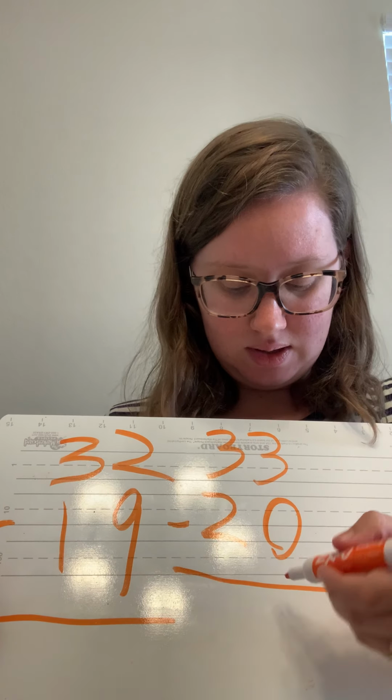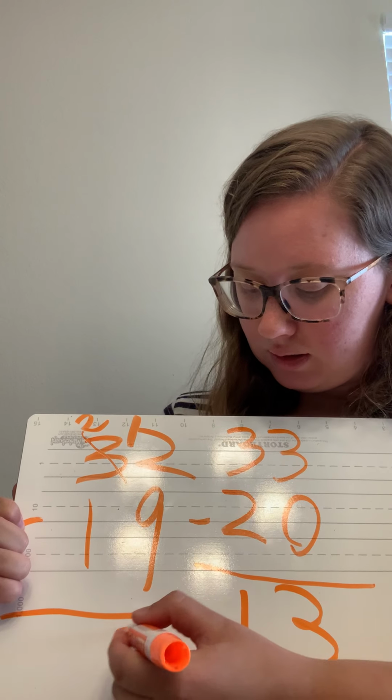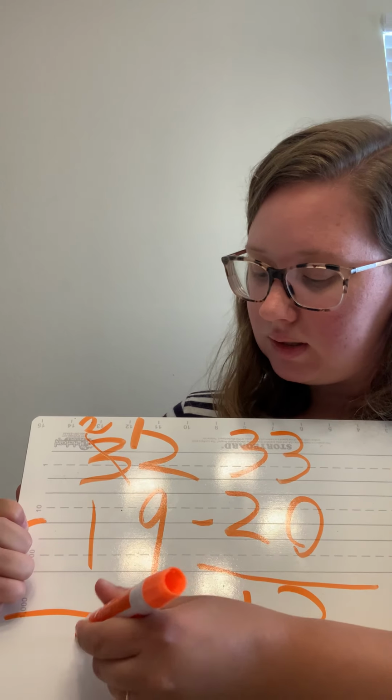3 minus 0 is 3, and 3 minus 2 is 1. Let's double check to make sure that that's the same answer. So since I don't have enough ones here, I have to regroup from my tens. Give myself 12 ones. 12 minus 9 is 3. 2 minus 1 is 1.